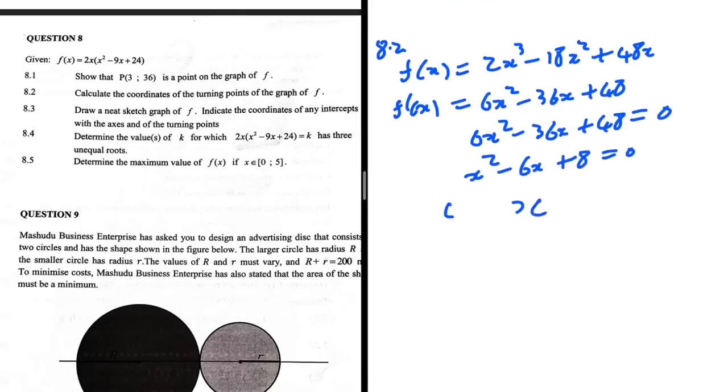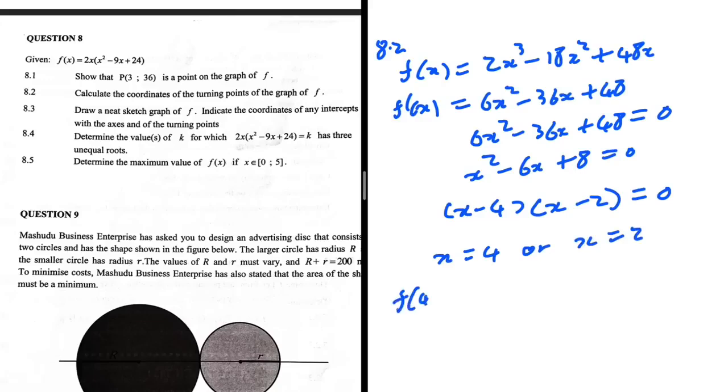Factors of 8 which add to give minus 6: (x minus 4)(x minus 2). So x equals 4 or x equals 2. These are the x coordinates of our turning points, but we're looking for the actual coordinates. So we need to find f of 4 here, and here we need f of 2.